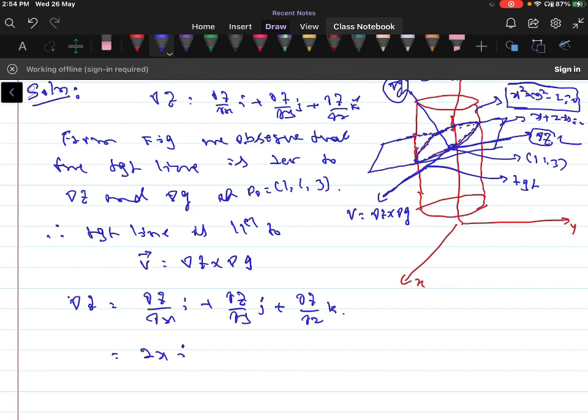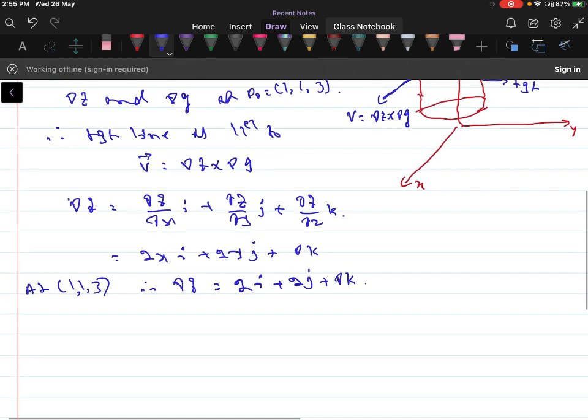Dou f by dou y is 2y j cap. Dou f by dou z is 0 k cap. At the point (1, 1, 3), gradient of f is equal to 2 i cap plus 2 j cap plus 0 k cap.